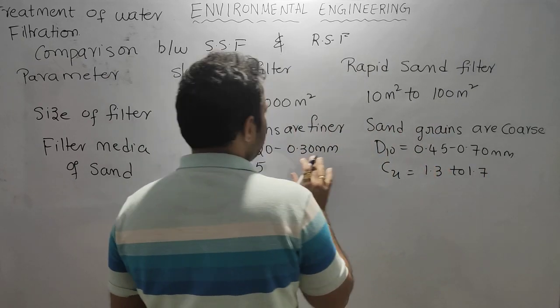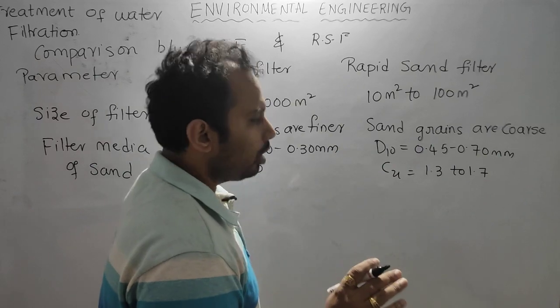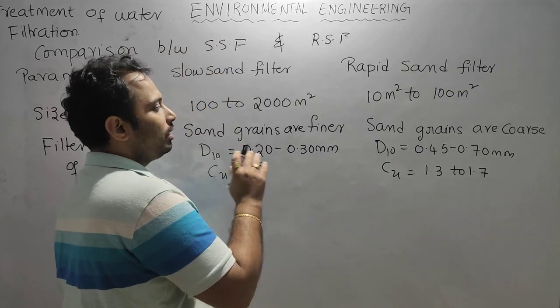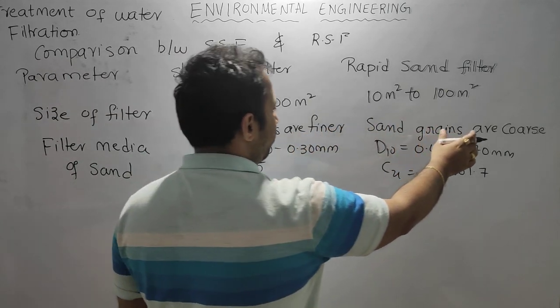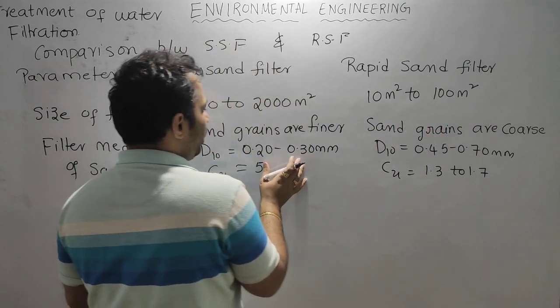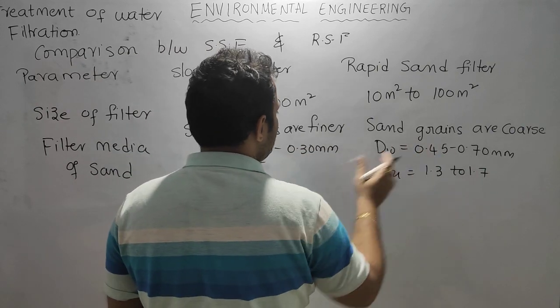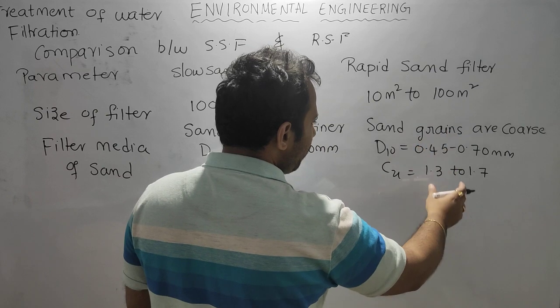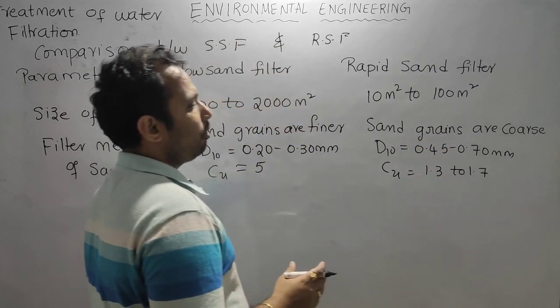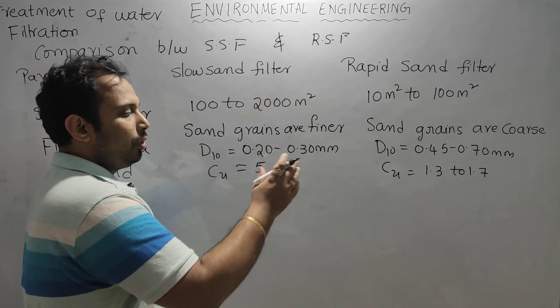So if you look at it, the values are not important. The important thing is the pattern. Here the sands are finer. Here the filter media is coarser. Here D10 is smaller. Here D10 is larger. Here we prefer uniform material, that means coefficient of uniformity is nearly unity.